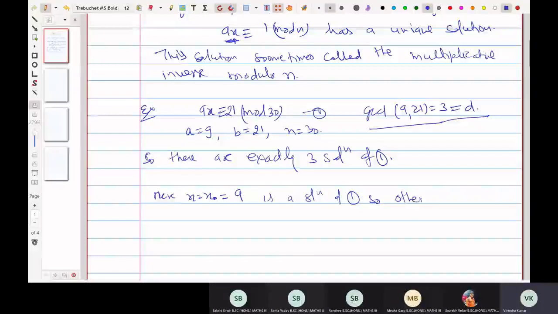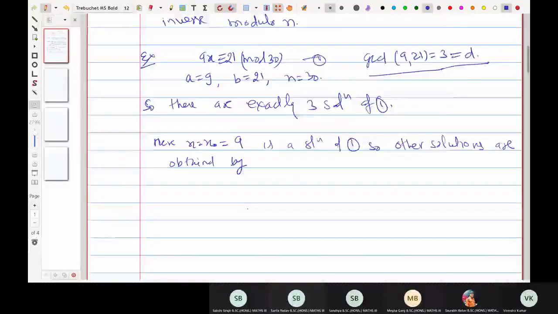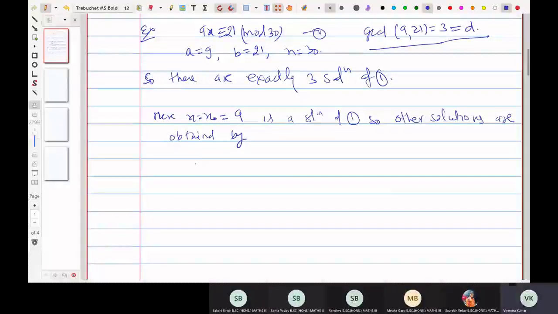Other solutions are obtained as follows. We can write x equals x0 plus 30 by 3 times t. As yesterday we were using the negative sign, you can use that if you wish, but you can also use the positive sign.